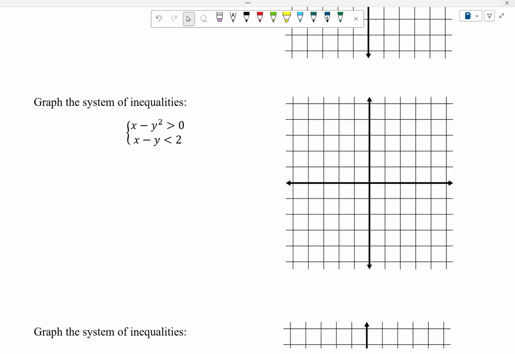When you graph it, negative this, but then you only get bigger. X equals y squared. Oh, exactly.